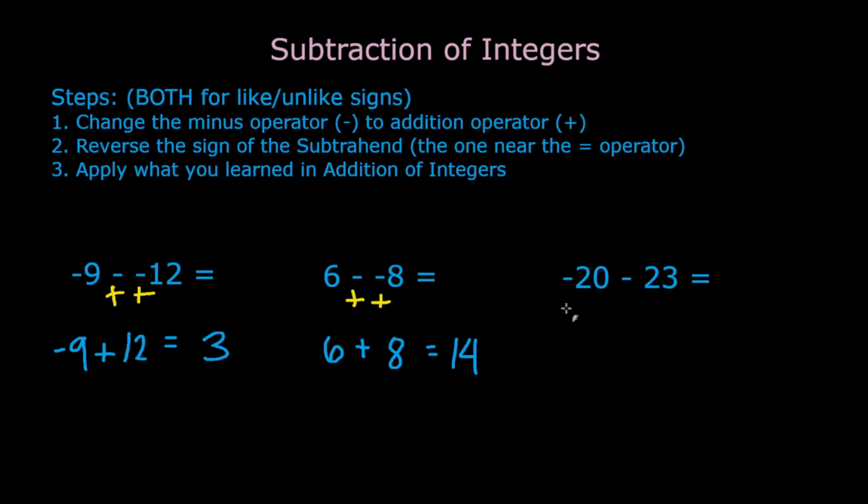So, dito naman, negative 20 minus positive 23. And then, from minus operator, magiging addition. And then, ang dating positive, dahil i-reverse mo siya, magiging negative. And then, rewrite. So, negative 20 plus negative 23 is just equal to negative 43.